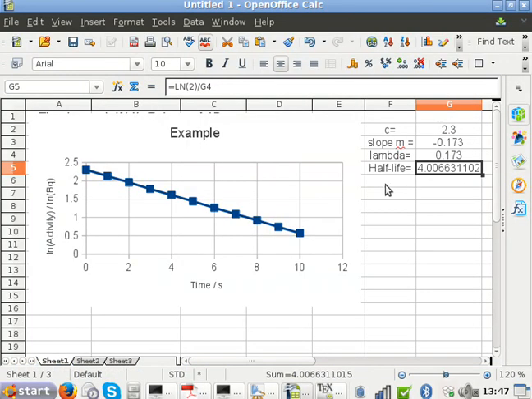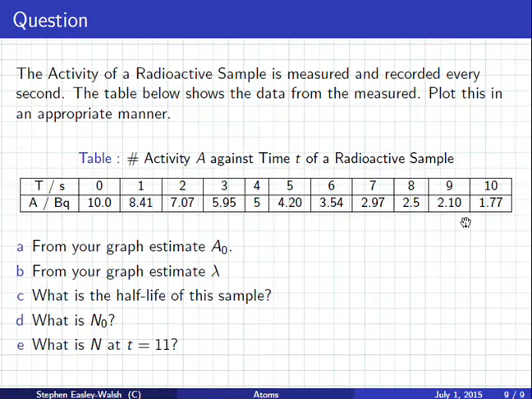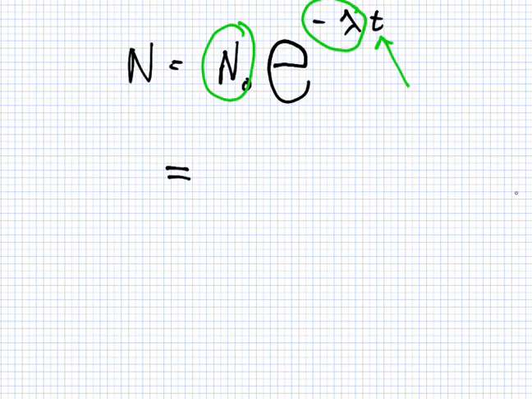If I look at my table here, I feel like the answer should be something like, oh, I don't know, 1.5 or something like this. Yeah, t is 11.